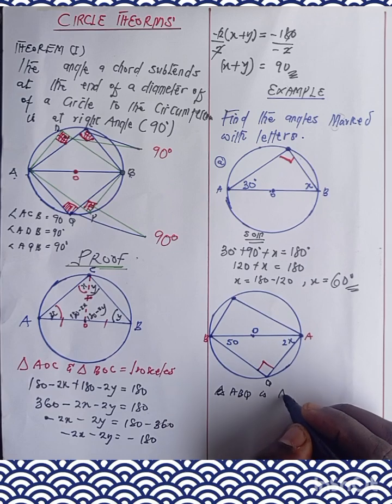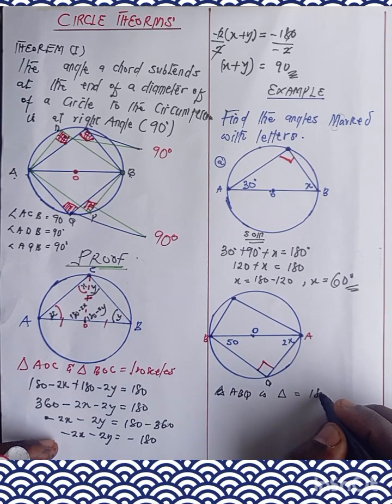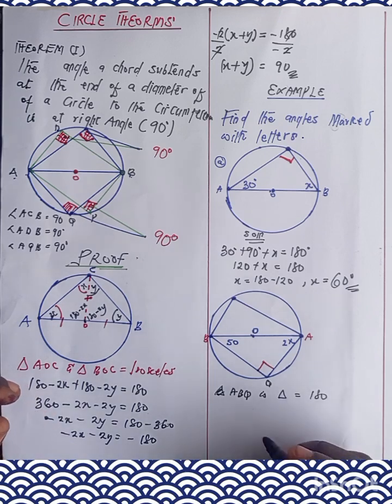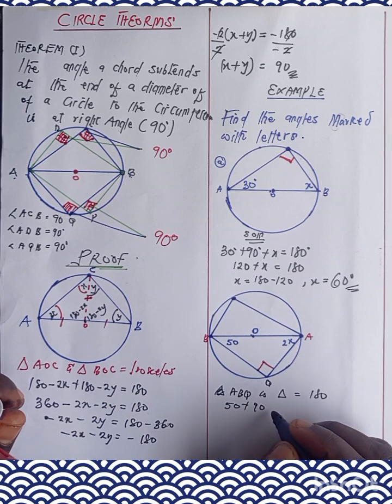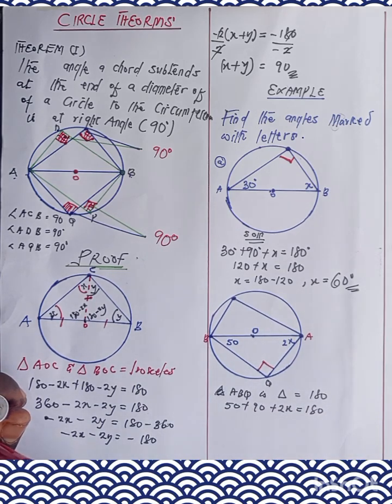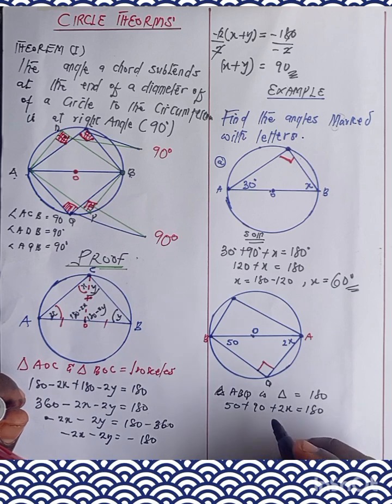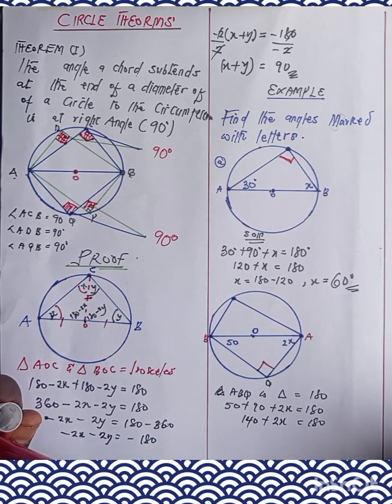Therefore, the sum of interior angles is equal to 180 degrees. So we are going to get 50 plus 90 degrees plus 2x is equal to 180 degrees. 50 plus 90, we are getting 140 plus 2x is equal to 180.